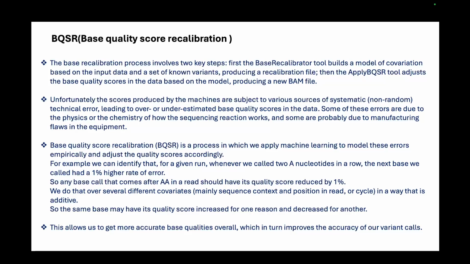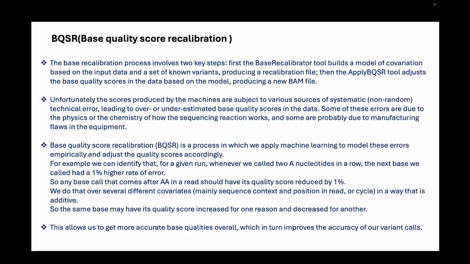For example, if we can identify that for a given run where it has called two A nucleotides in a row, the next base called had a 1% higher rate of error, then any base call that comes after two A's in the read should have its quality score reduced by 1%.